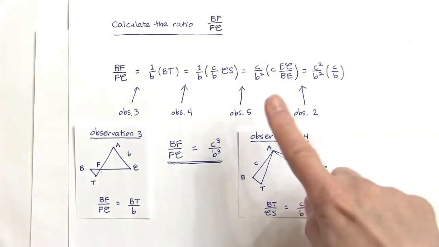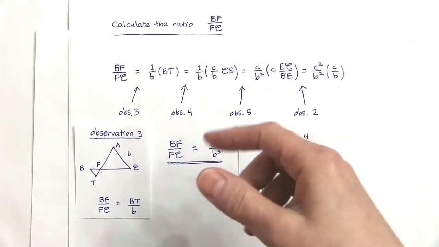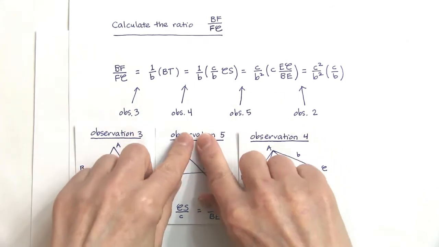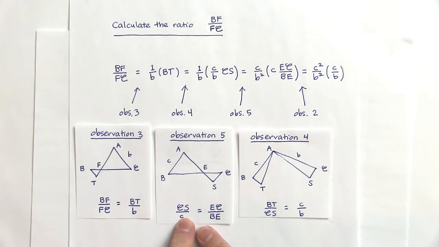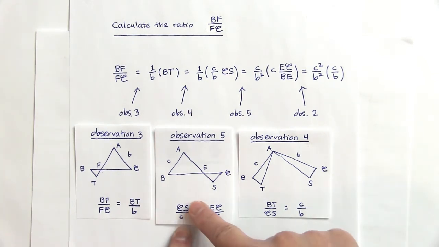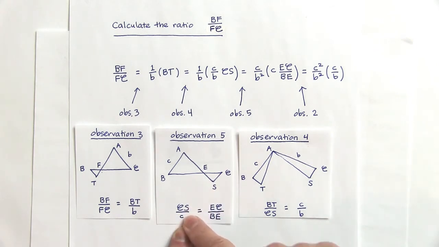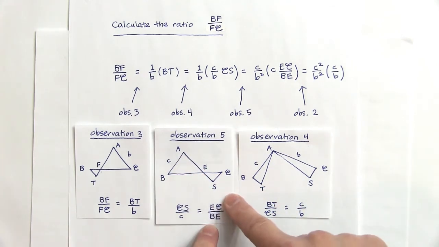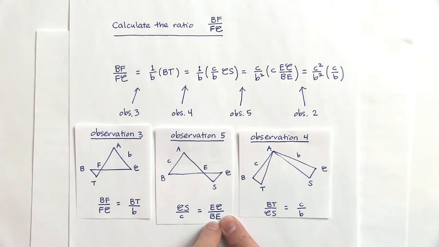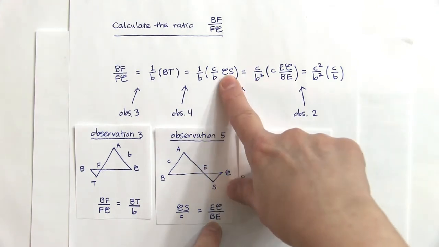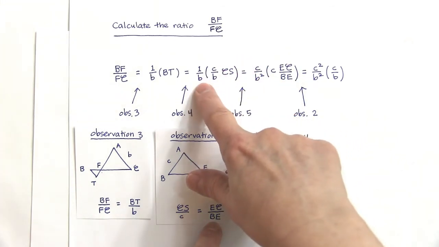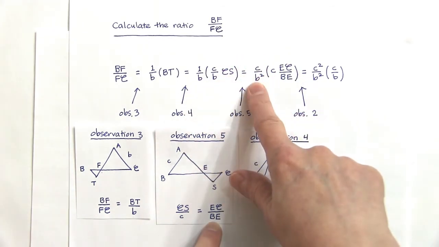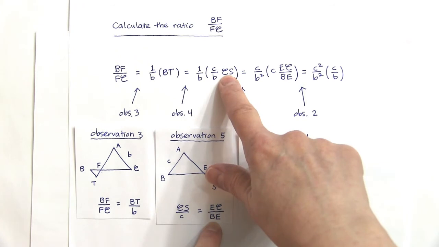And finally, we're ready to use observation 5. That came from this pair of similar triangles here that says that the side length CS over side length C is equal to side length EC over BE. So from here to here, we have C over B squared here, and then we replace CS.